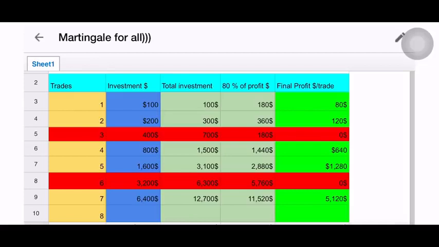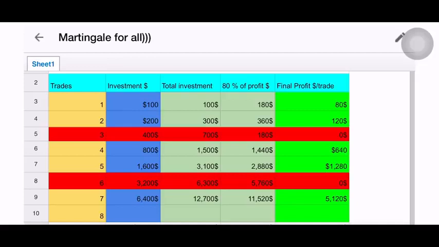Total investment is $700. And when I make a profit of 80%, I am supposed to get close to some amount which is more than 400, or we can calculate it this way.